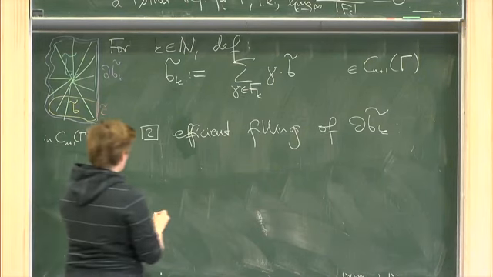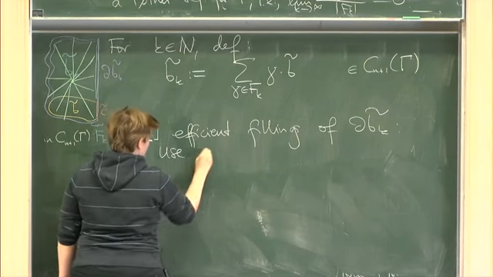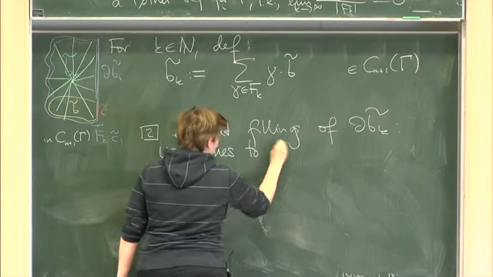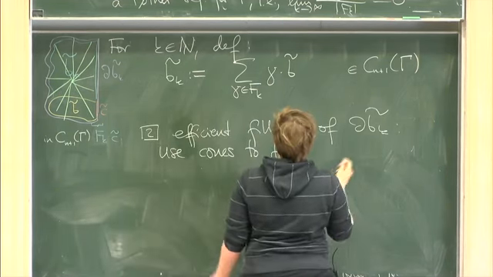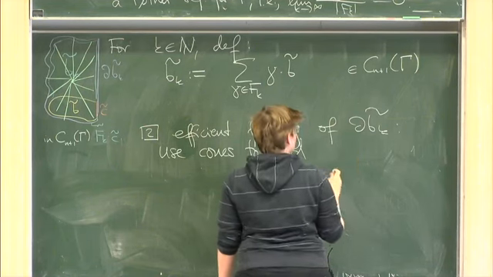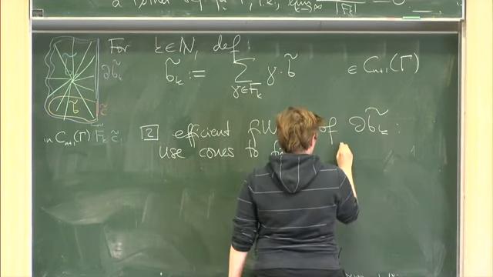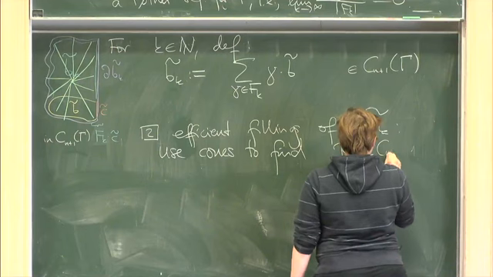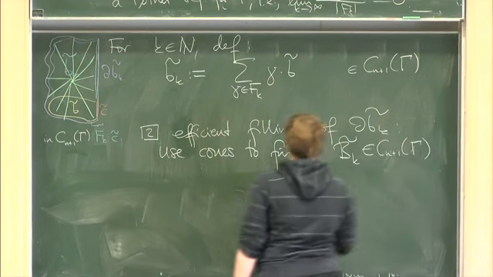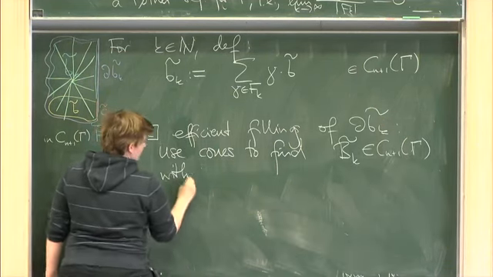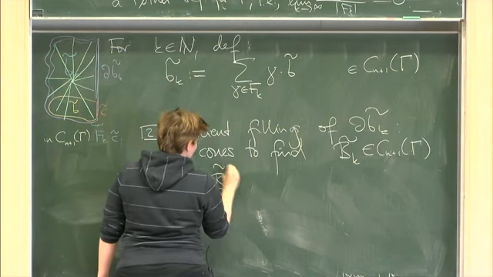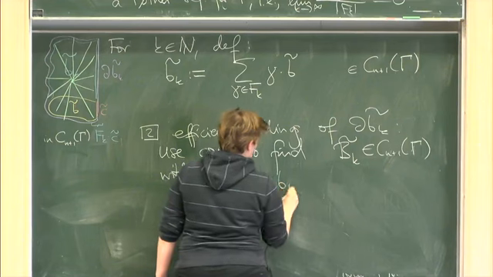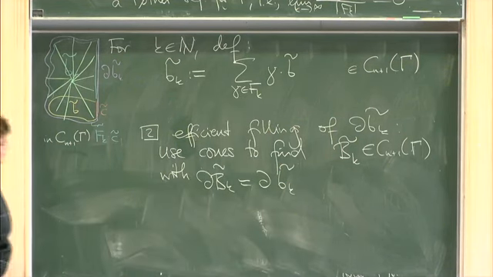Okay, so use cones to find, I don't know, I'm running out of letters, capital B_k tilde, with the property that the boundary of this thing is the same as the boundary of B_k tilde, which is a cycle, so I can fill it.